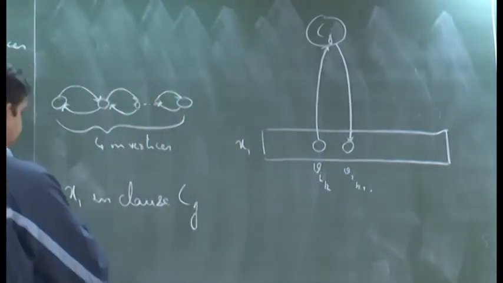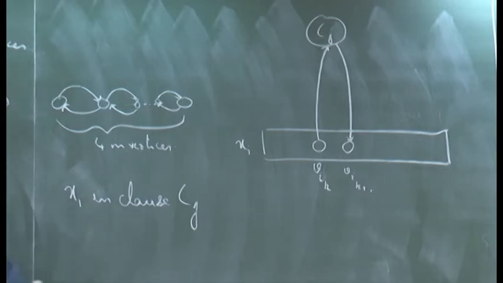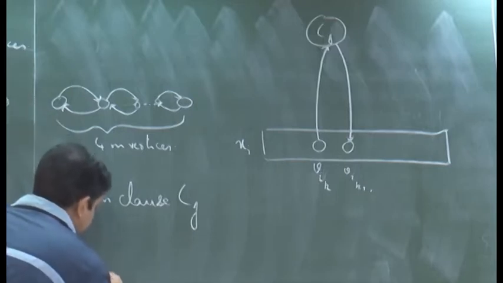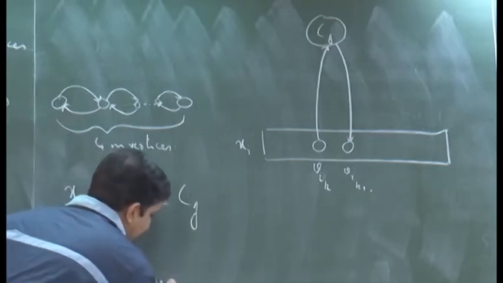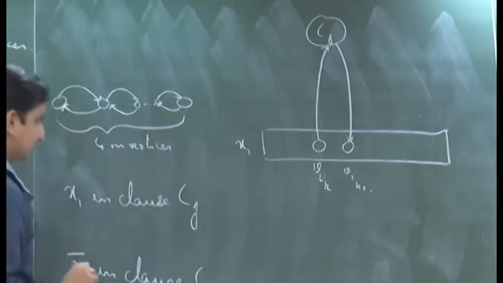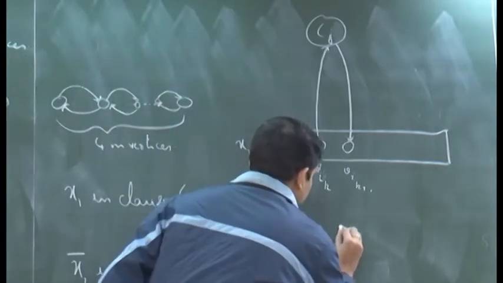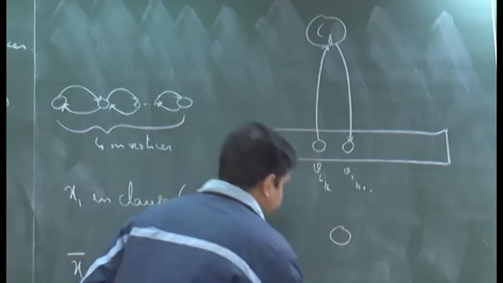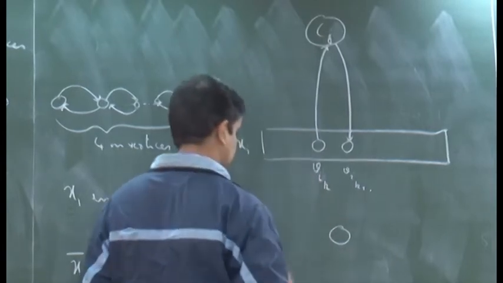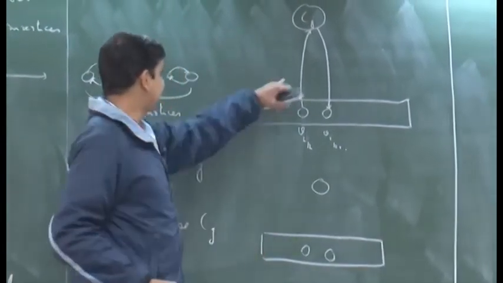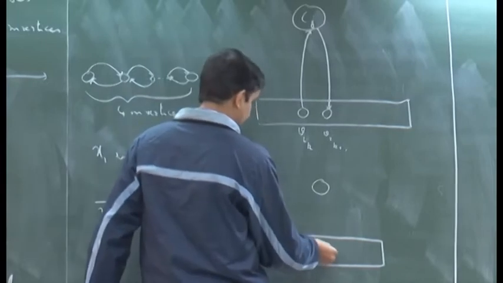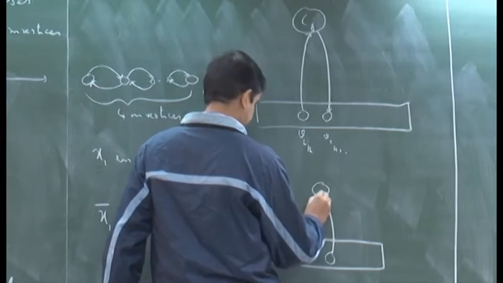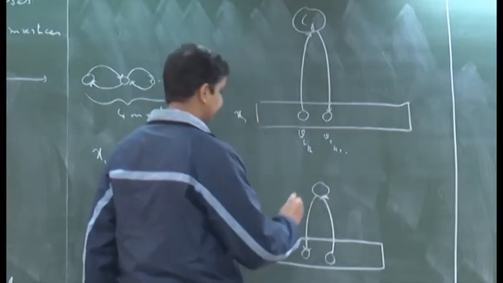And if x I is present in its negated form, x I naught, in clause C j, what we do is we just add these edges in the other direction. So, I add an edge from V I k plus 1 to C j and then from C j to V I k.